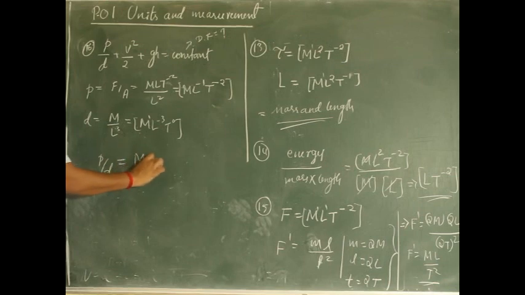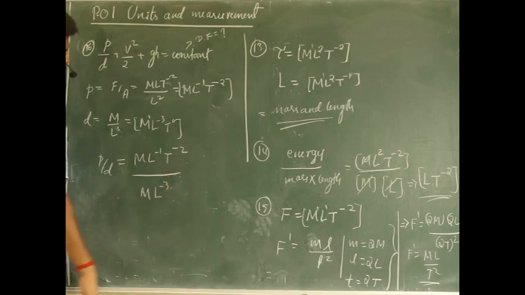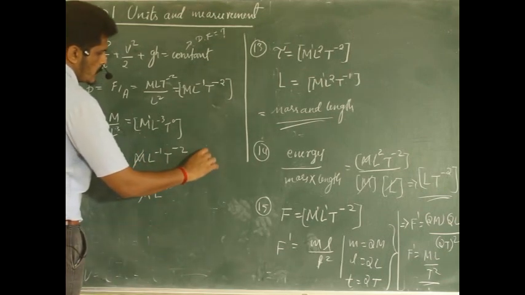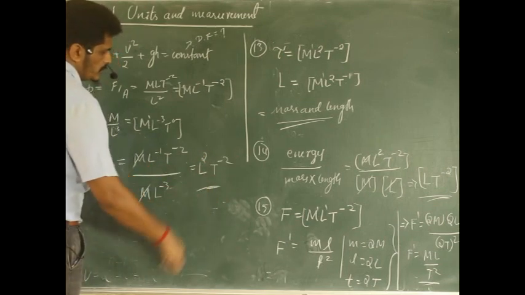That is ML^-1T^-2 divided by ML^-3. So this becomes L squared T^-2, like this.